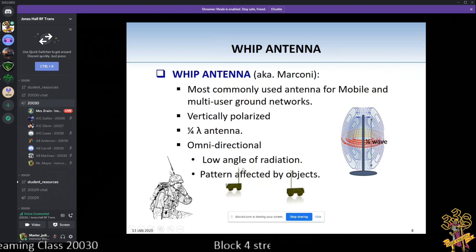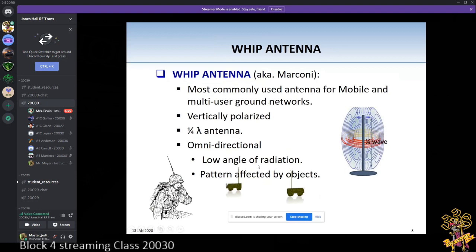You can just hook it directly onto the radio. You can mount it on a vehicle. You can mount one on the ground. So they're not complicated. They're a quarter wave antenna and they're omnidirectional. So it's going to radiate 360 degrees around the antenna. Again, that's in one plane.